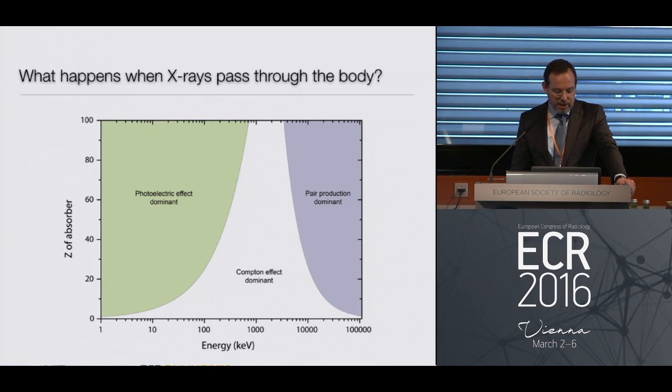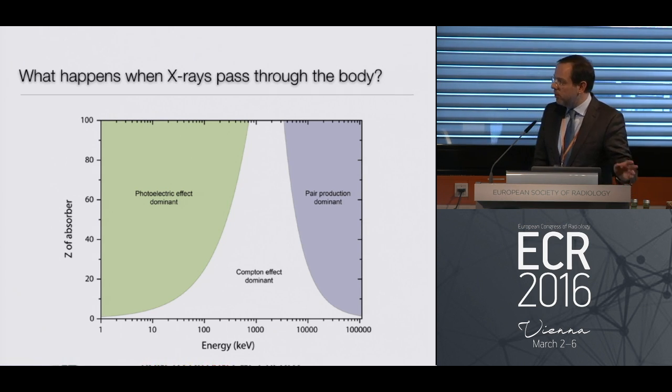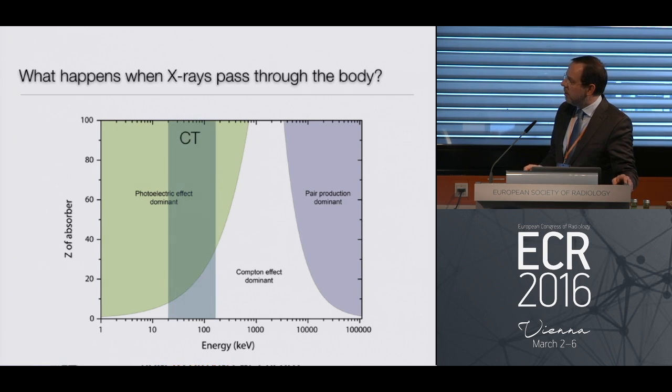Let's look at the energy spectrum on the x-axis versus the atomic number on the y-axis. Basically what we see here is that in the CT energy range, two effects play an important role, the Compton effect and the photoelectric effect. The photoelectric effect is primarily a low energy effect.